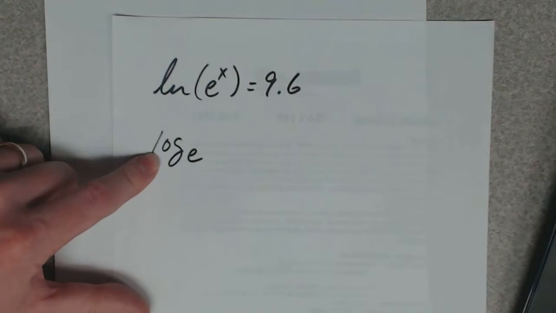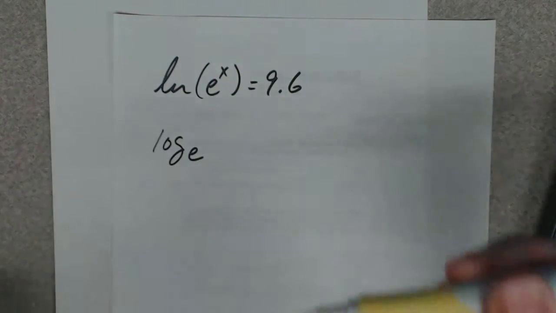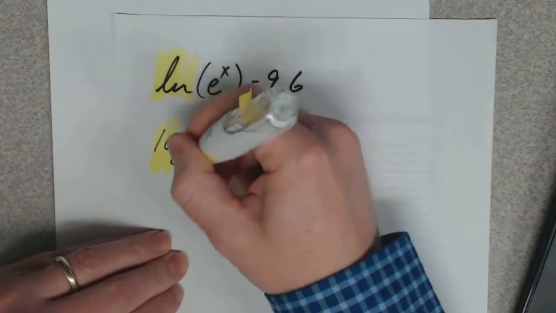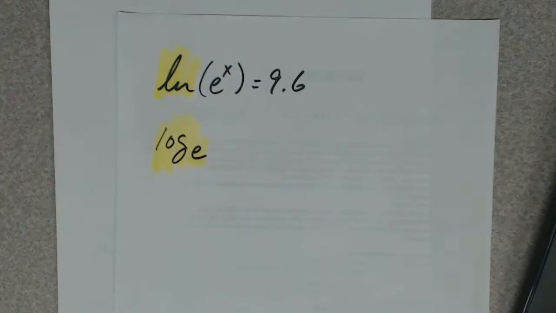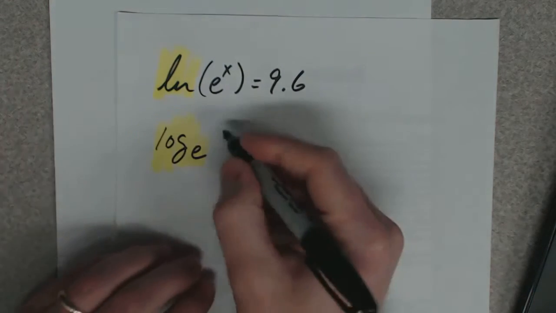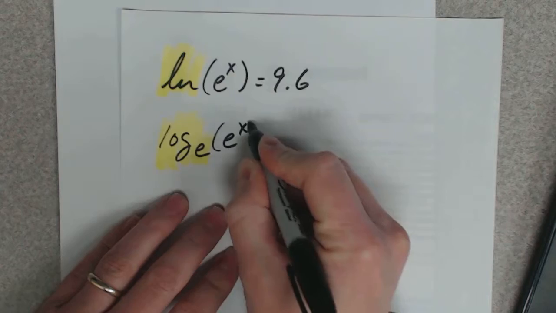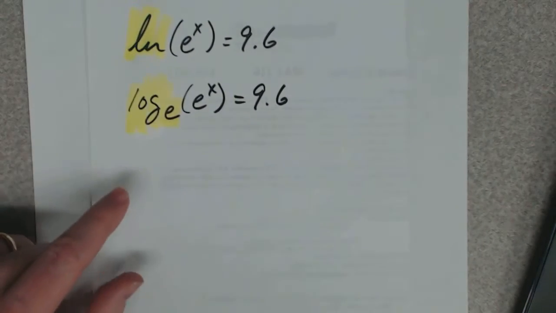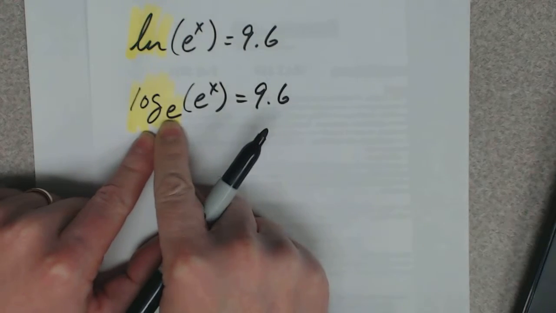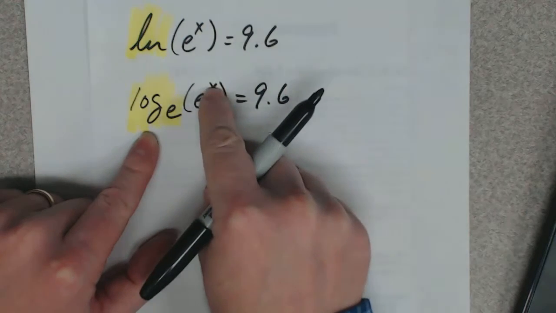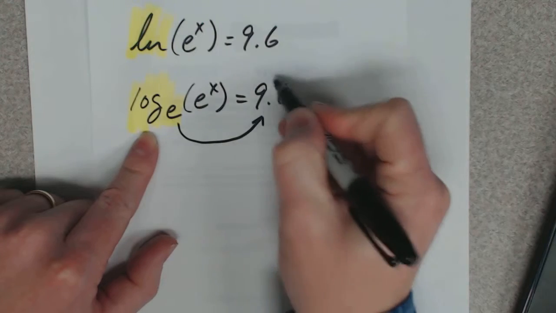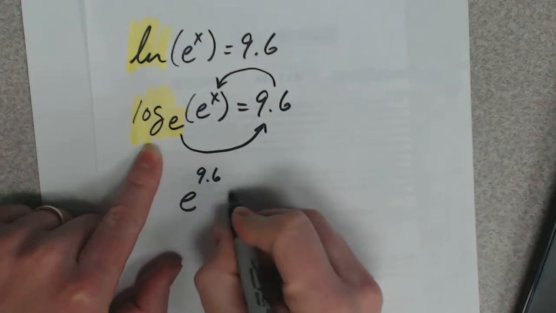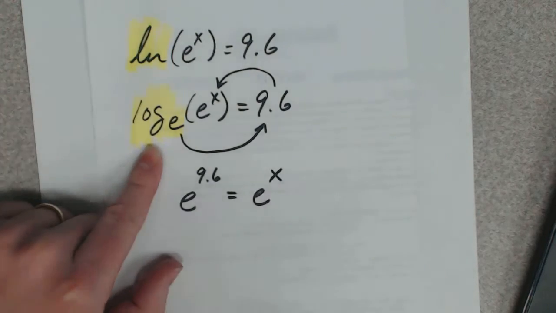Okay, so this is the same thing as this. I'm just going to rewrite it. Log base e of e to the x equals 9.6. Now if I rewrote this, remember what it would be? This guy to this power equals this. e to the 9.6 equals e to the x.